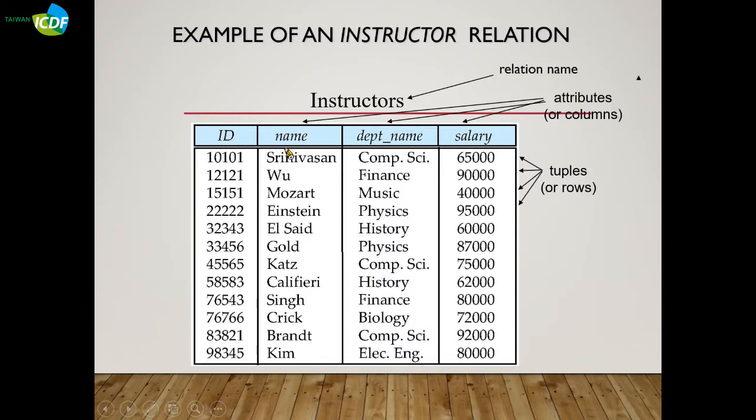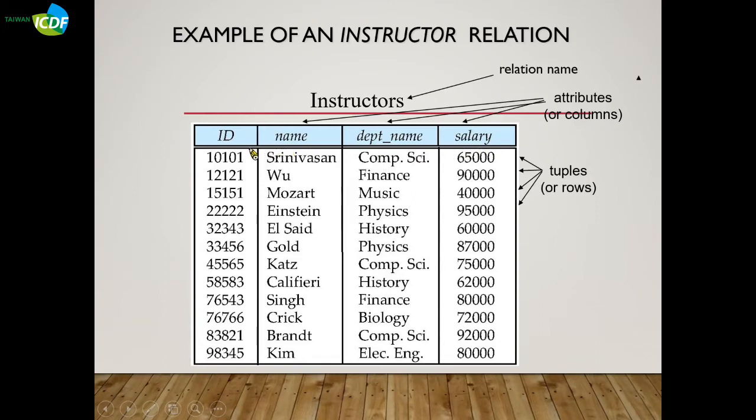In this relation, there are 4 columns, which can also be called attributes in relational models. The 4 attributes include ID, name, department name, and salary, which are exactly the properties we abstracted from a general instructor.